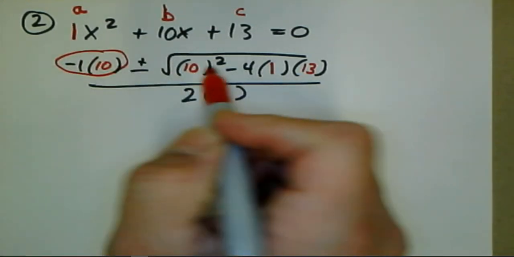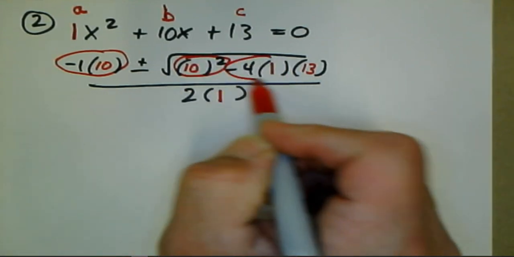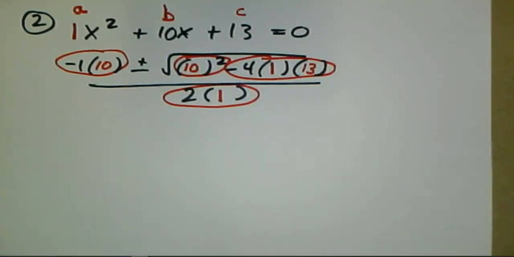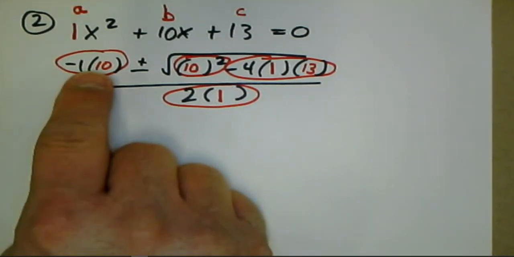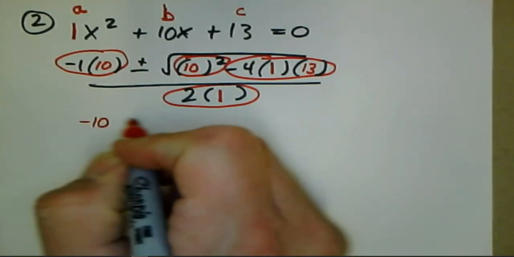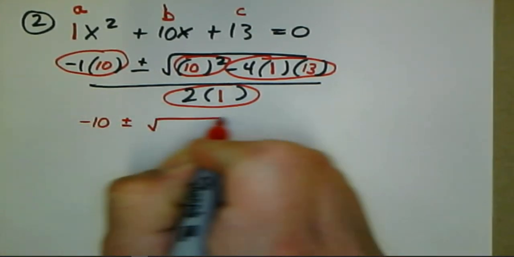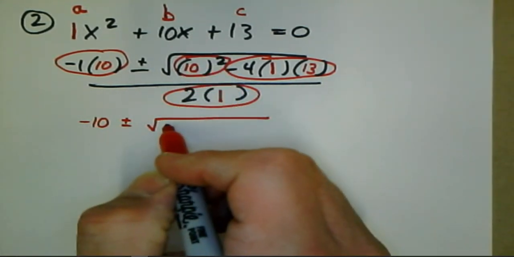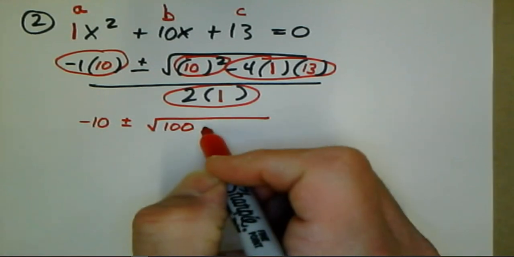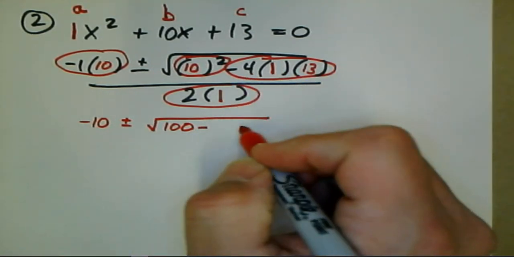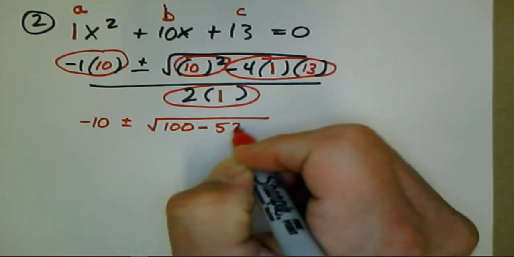So I'm going to do this part, the inside part, this part, and this part. So -1 times 10. We want to make sure we multiply. -10. Use your calculator, Chris. 10 squared. 100. -4 times 1 times 13. -52.